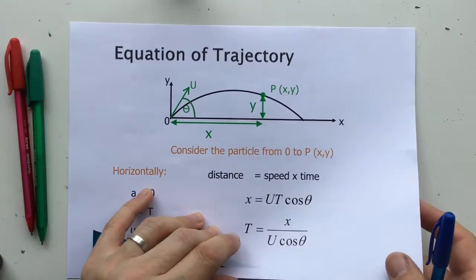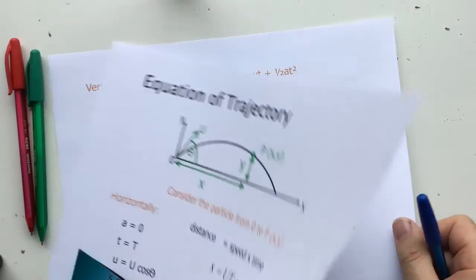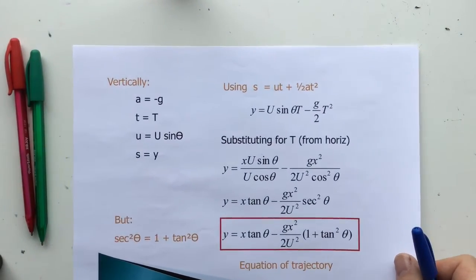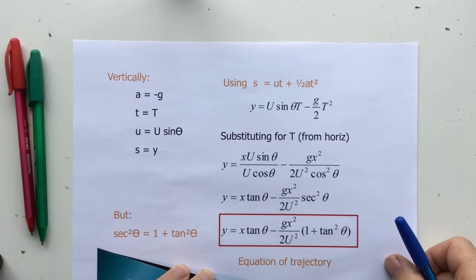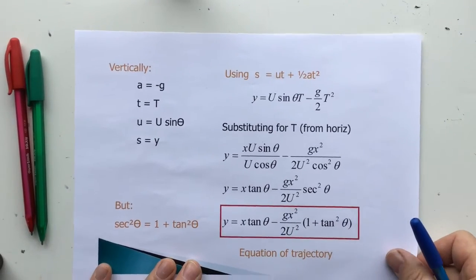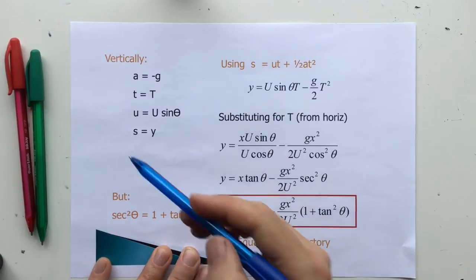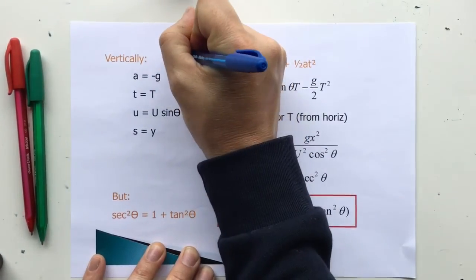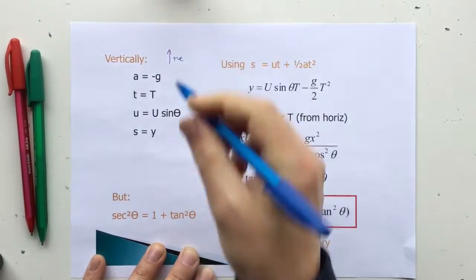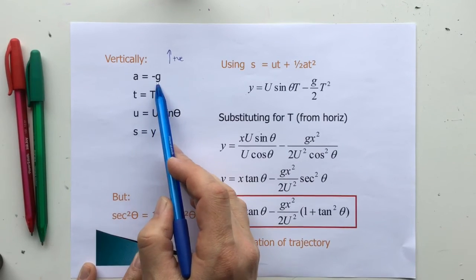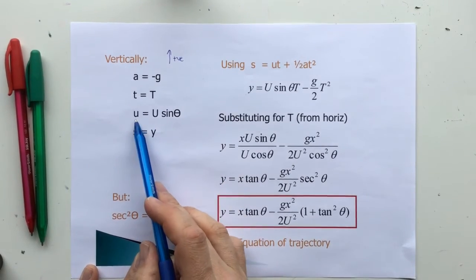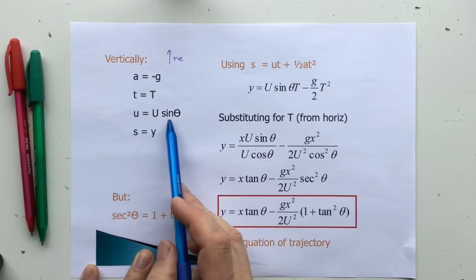Now, let's use that in the vertical component, because vertically we know that if I'm treating up as being positive, then vertically the gravity is negative, so a is minus g, time of flight is t, the initial velocity u sine theta.